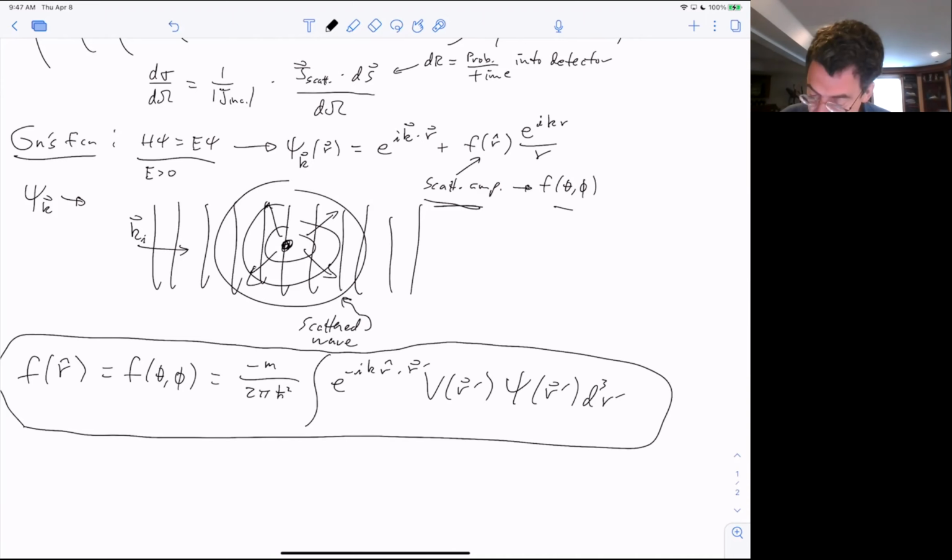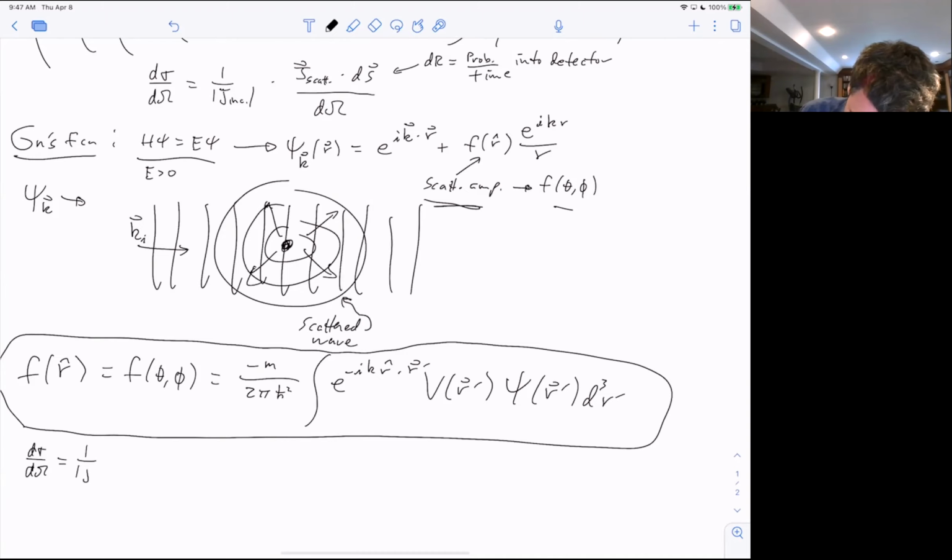Because the whole point, remember, is to get the differential cross-section, d sigma d omega. So now we have to do a few more steps, but we have 1 over j incident times the scattered j dotted into dS, giving d sigma d omega.